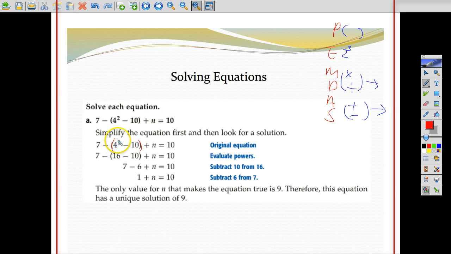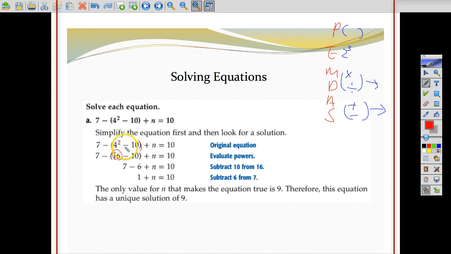So you do 4 to the second power. That does not mean 4 times 2, because if I wanted 4 times 2, I would have written 4 times 2. This is 4 to the second power, which means 4 times 4, which is 16. So that's evaluating the power.